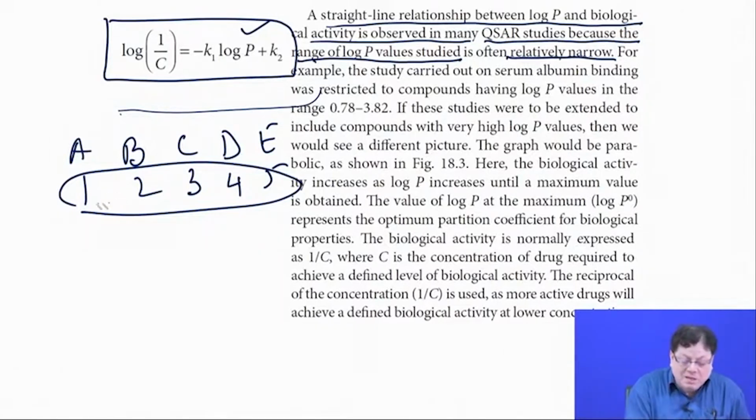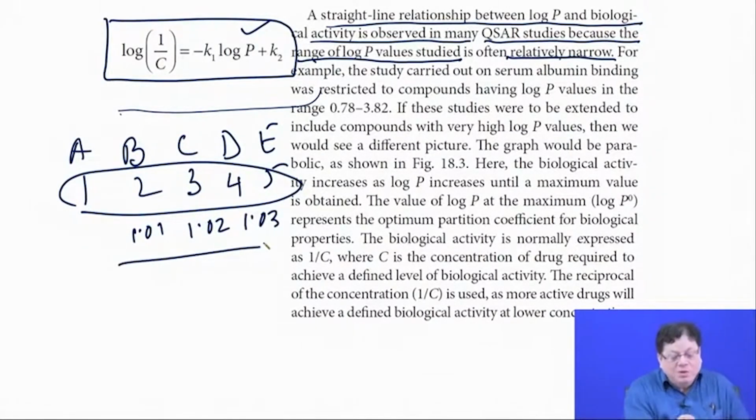It is a huge range, and for that this linearity does not hold good. Linearity holds good only when, say, A has 1.01, B has 1.02, C has 1.03, like that. Otherwise it does not hold.